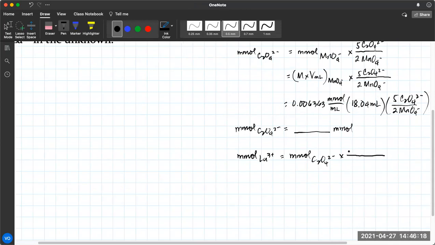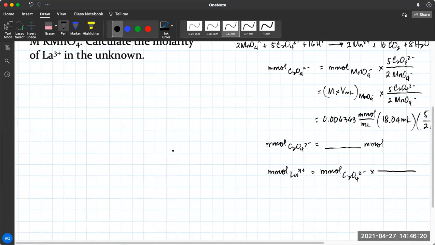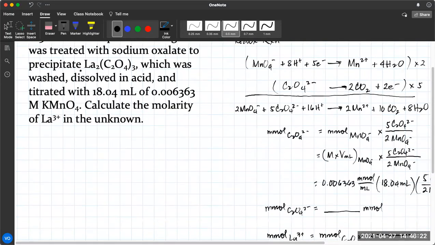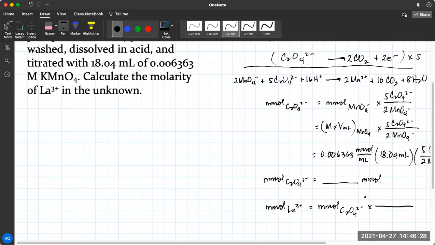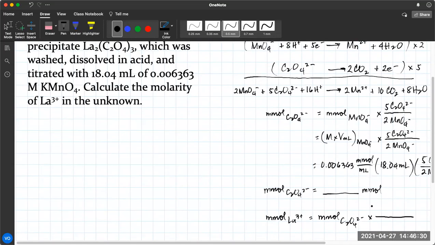According to our formula, since our formula is La2(C2O4)3, we can say that you have 2 moles of lanthanum over 3 moles of oxalate.